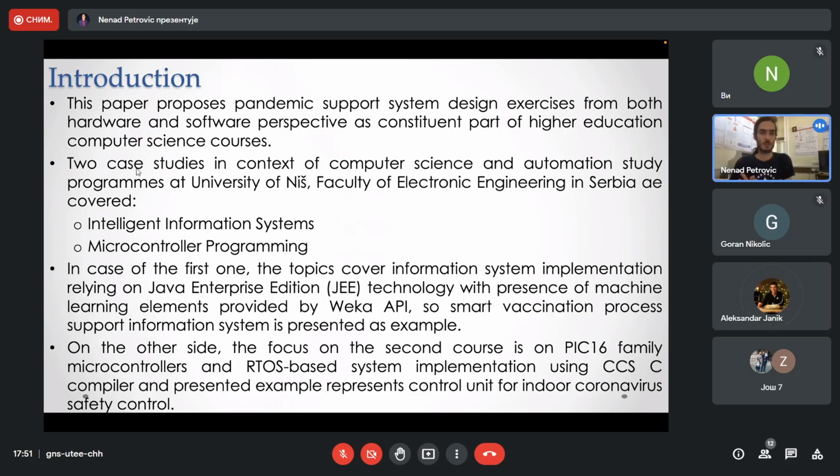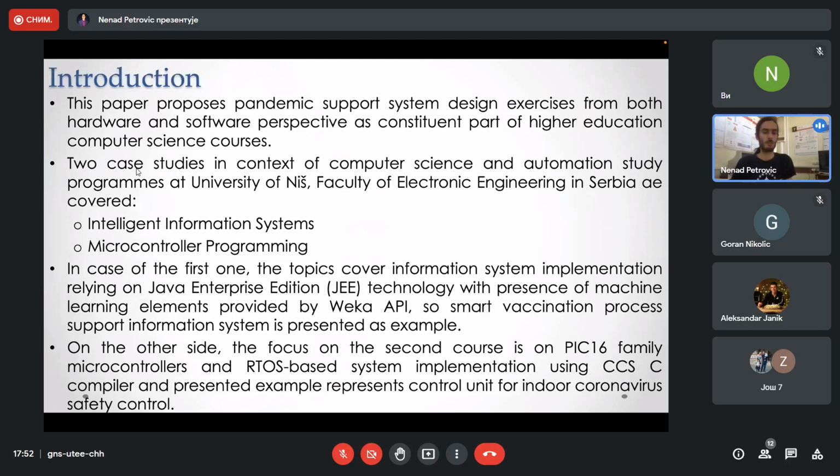In the case of the first one, we have topics covering Java Enterprise Edition technology for the development of business information systems with several elements of business analytics, where we use Weka API for that purpose. On the other side, the main focus of the second course, Microcontroller Programming, is the design of hardware embedded systems leveraging microcontrollers.